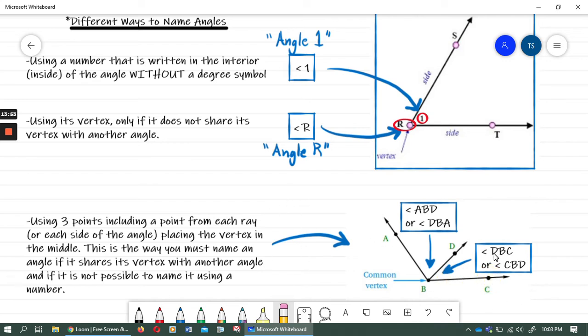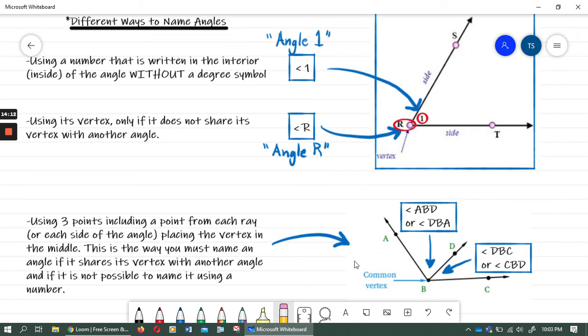You can name that angle DBC, again with the vertex B in the middle, or you can switch the order of those 3 and name that angle CBD.